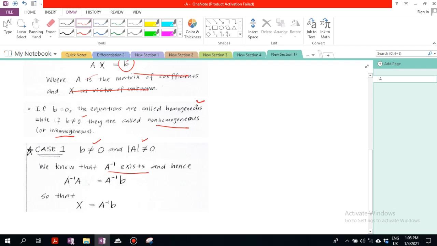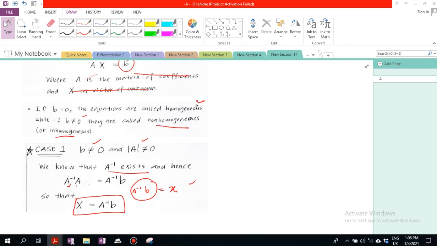So we can say inverse A times A x is equal to inverse A times b, so x equals inverse A times b. To find x, you just invert your matrix and multiply by b, and you get the value of x. This is the common case number 1, where you have a direct solution.